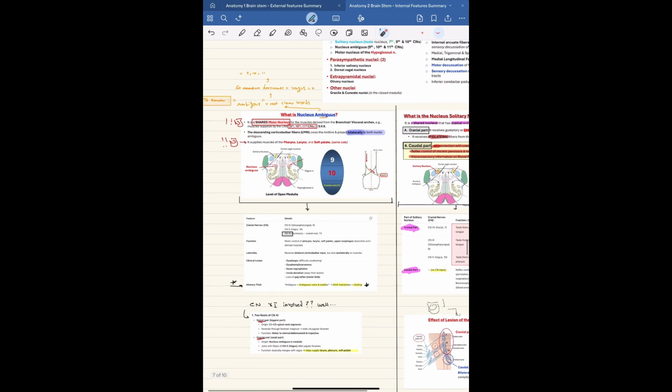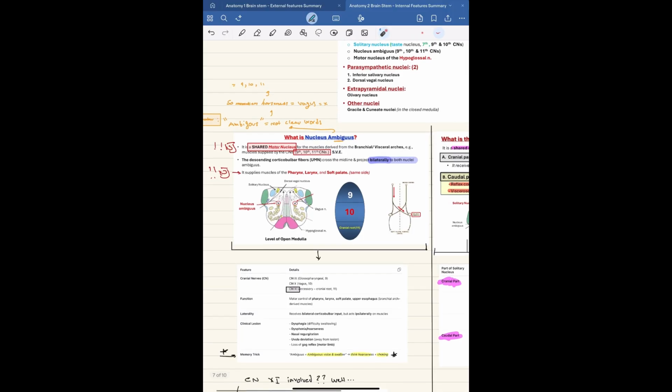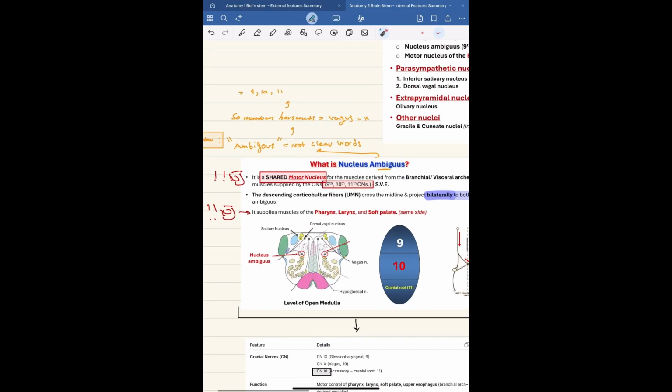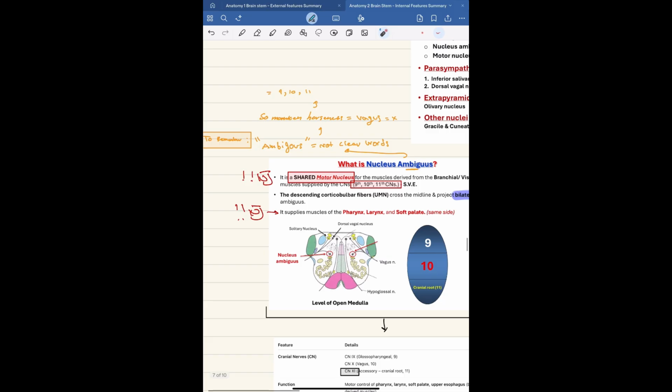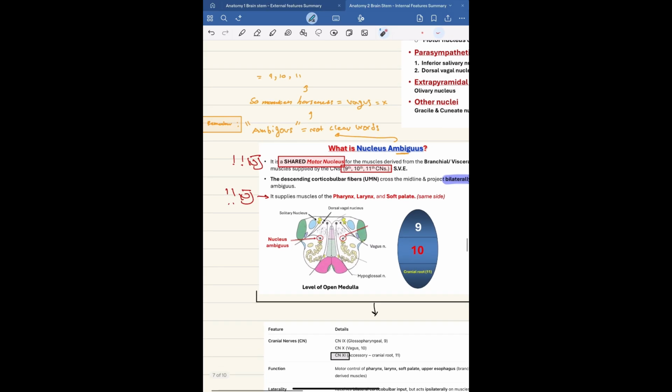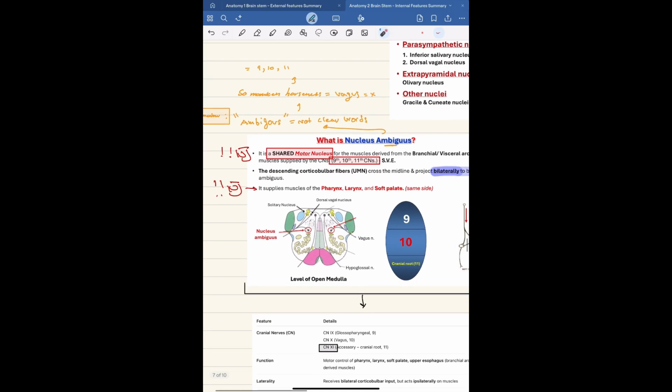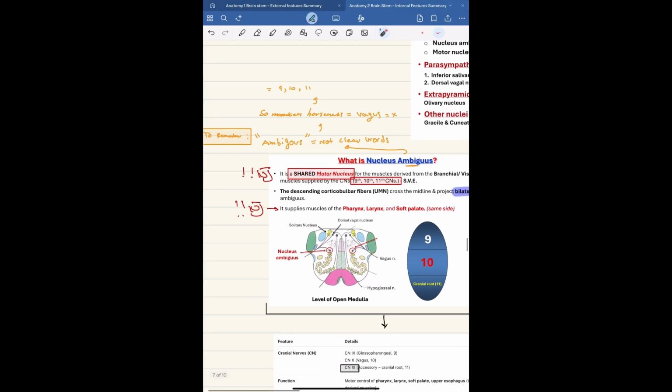Now, let's talk about the nucleus ambiguus. I hope I'm pronouncing it right. When I see the word ambiguous, I remember a person who's saying not really clear words. So I would remember that it is related to things that come out from your throat.